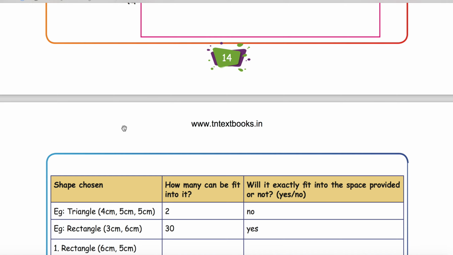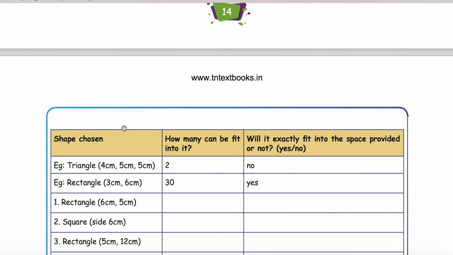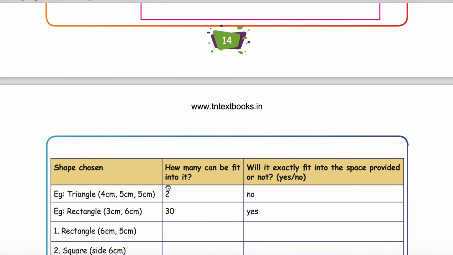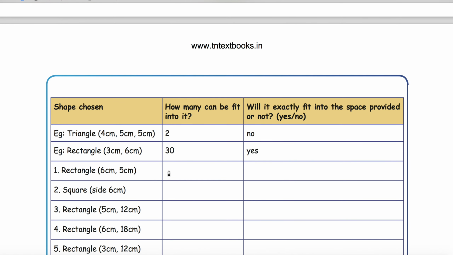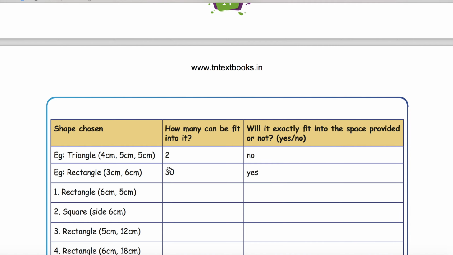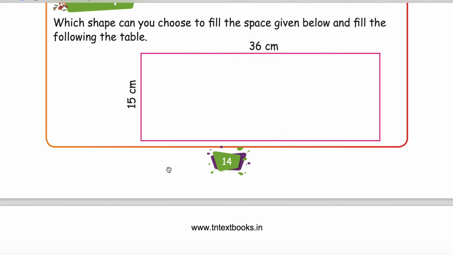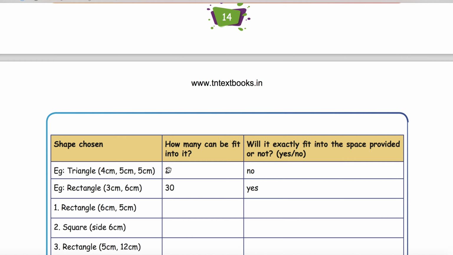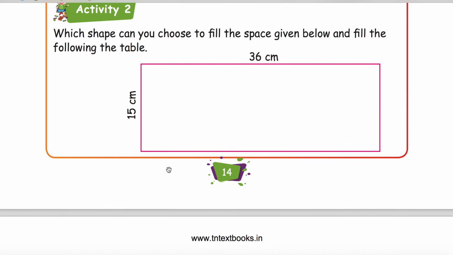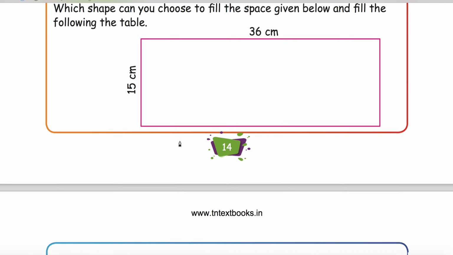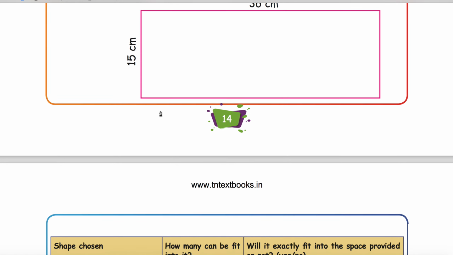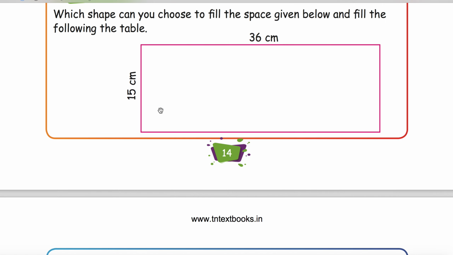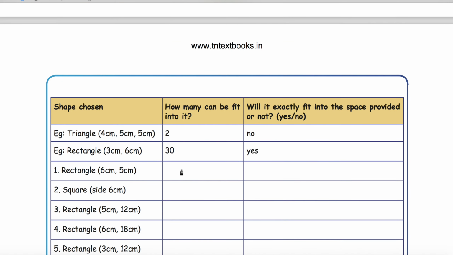No. Or rectangle, 6 cm and 5 cm. 6 5s are 30 only, right?